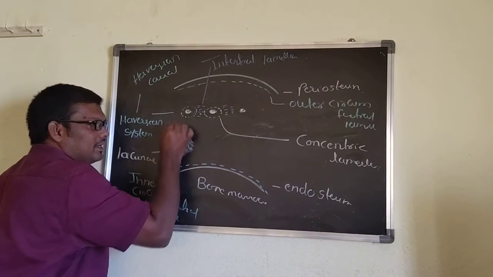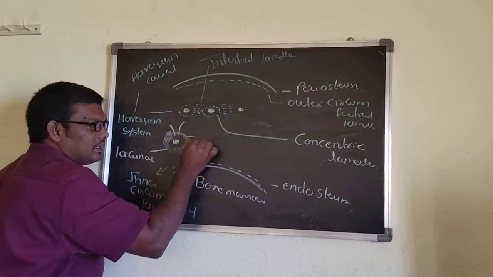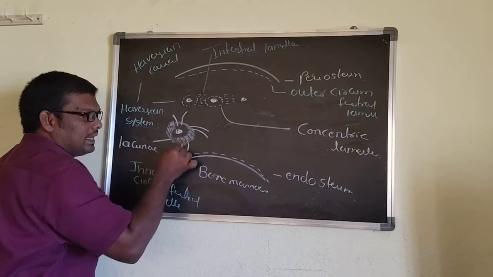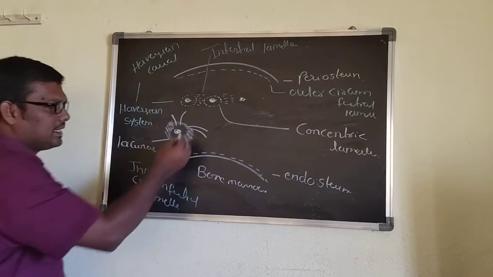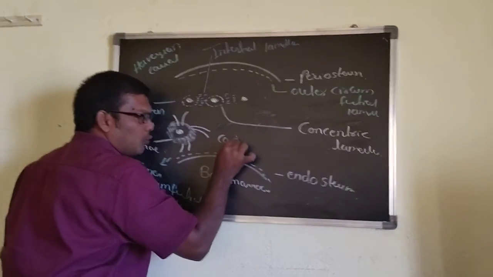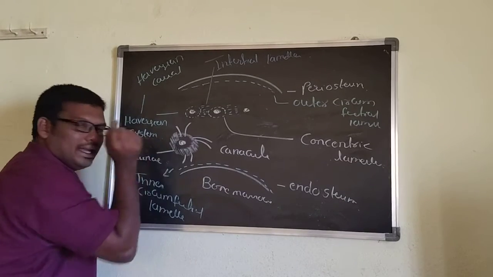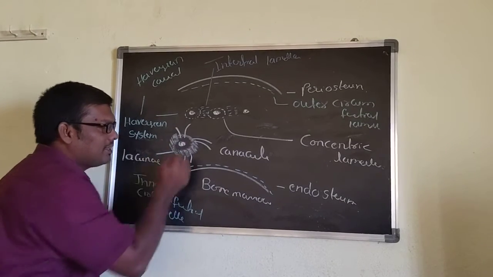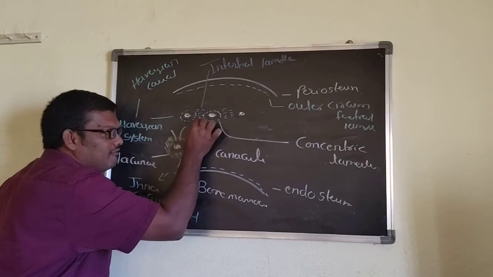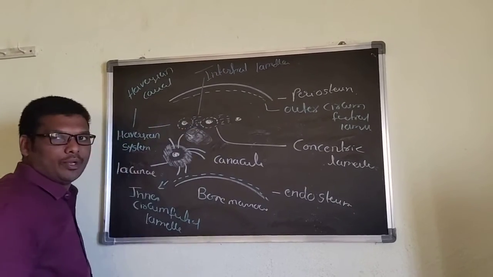From there, a canal arranges, called canaliculi. Canaliculi is a connection between one lacunae and another lacunae.